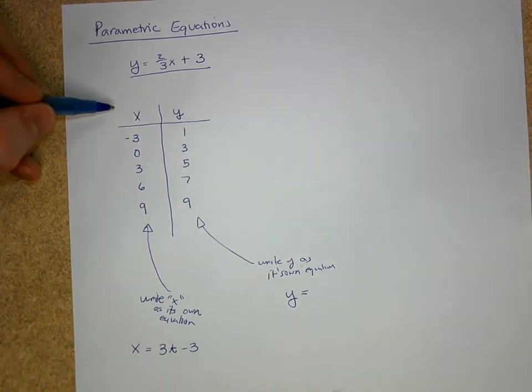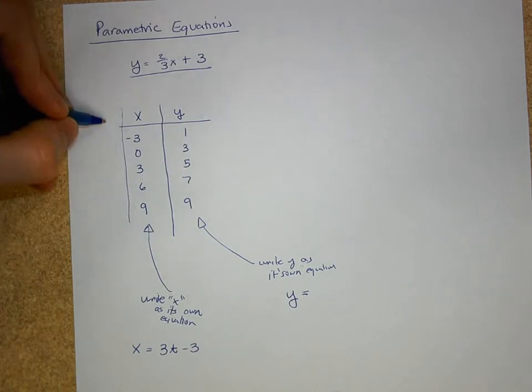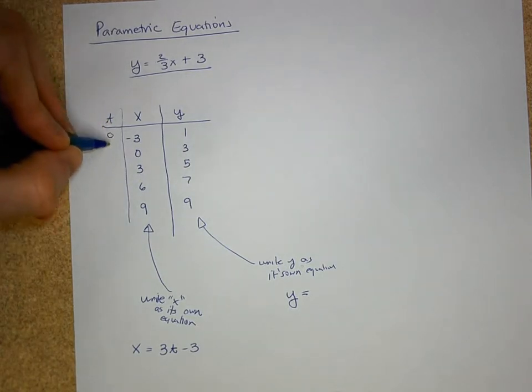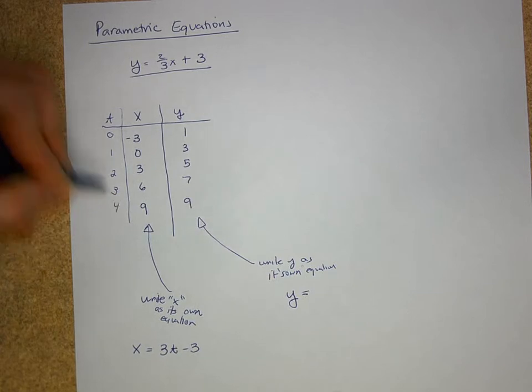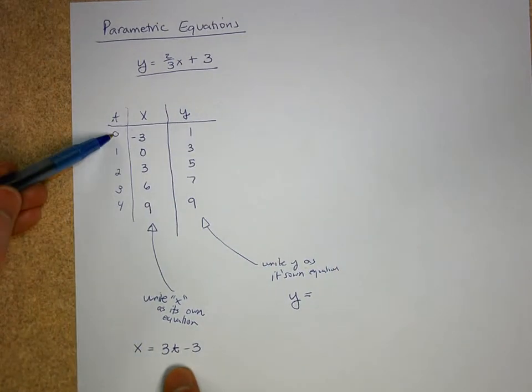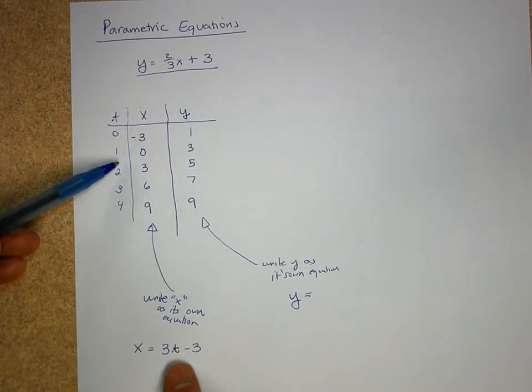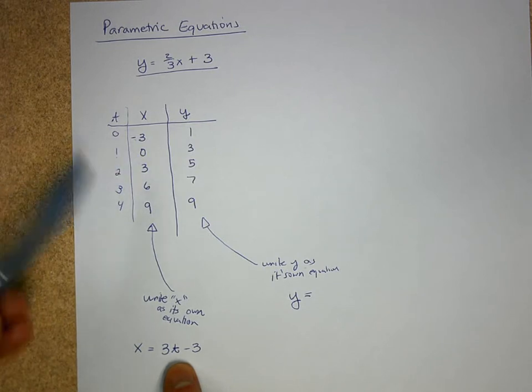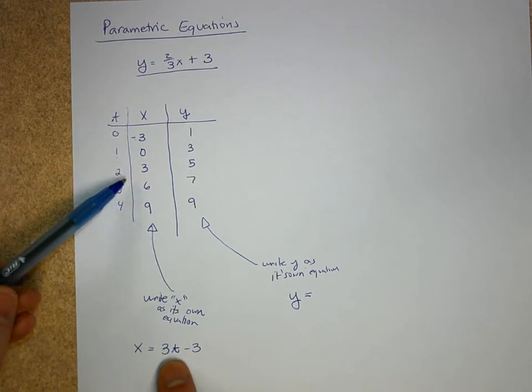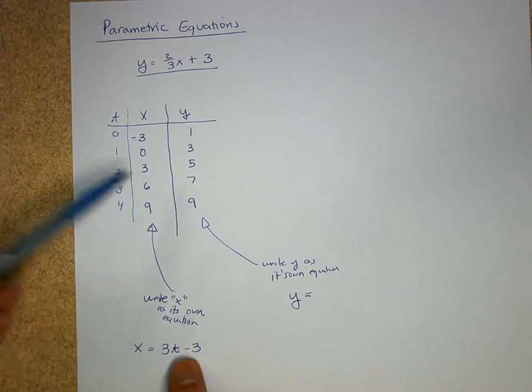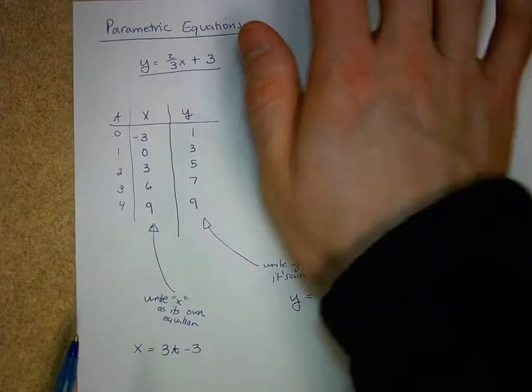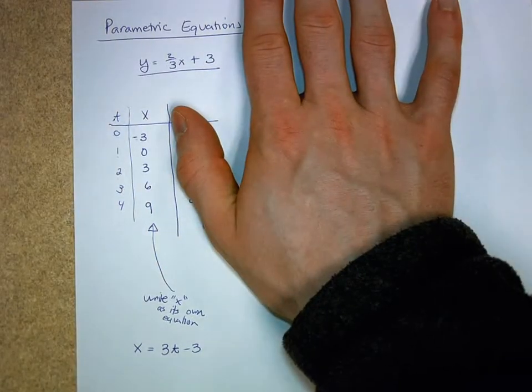And if I did that, let's say I put in another column here called t, 0, 1, 2, 3, 4. If I plug in the 0 for t, I get -3. If I plug in a 1 for t, I get 0. If I plug in a 2 for t, I'll get 3, because 6 minus 3 will be 3, and so forth. So currently, I am ignoring this y column right here.